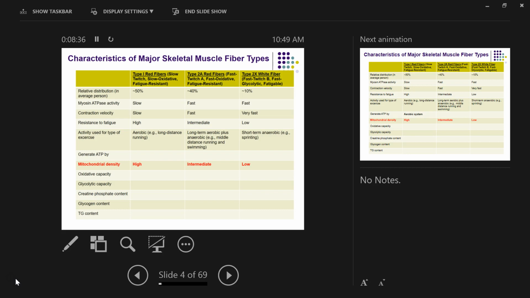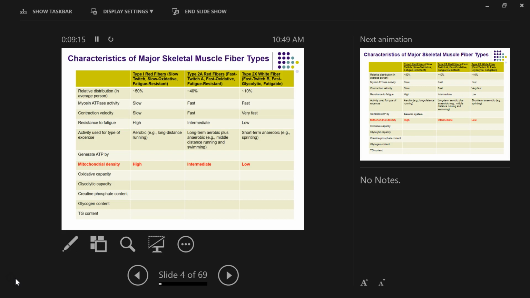And in terms of the type of metabolism, aerobic versus anaerobic, the type 1 red fibers have a high mitochondrial content, right? So you would expect this type of muscle fiber to usually do aerobic metabolism, and type 2X usually does anaerobic metabolism for ATP production.